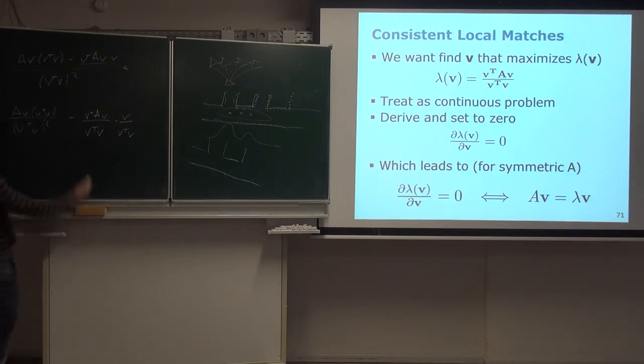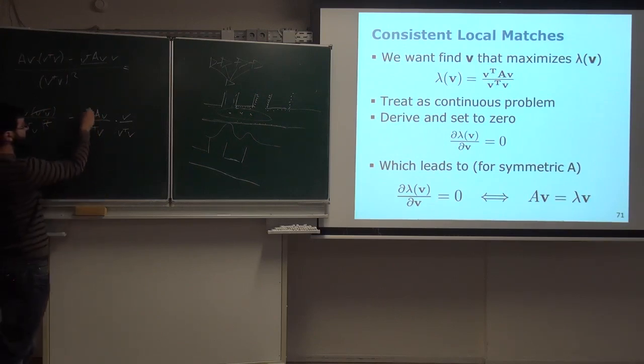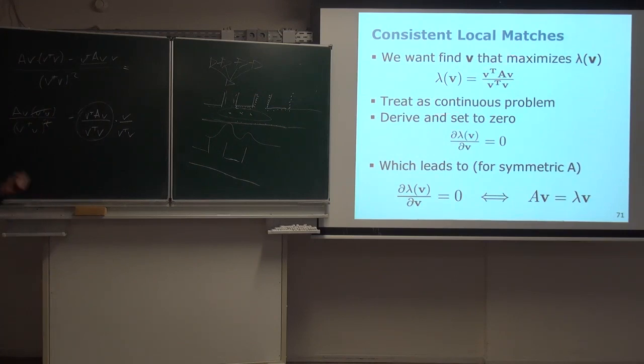Right? So this basically means that we have this, and that can simplify. This is our original function, so it's just lambda V. Since we are trying to maximize it, this is a scalar, this is a scalar. We are looking for a vector which is normalized, so the size of this vector is 1.